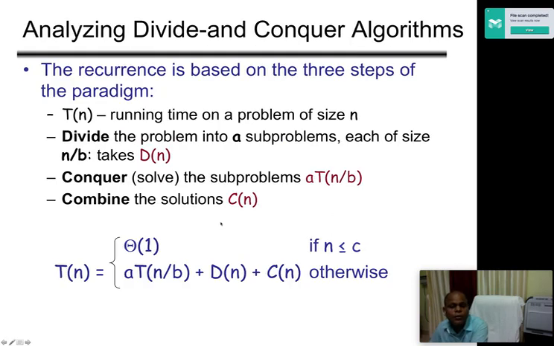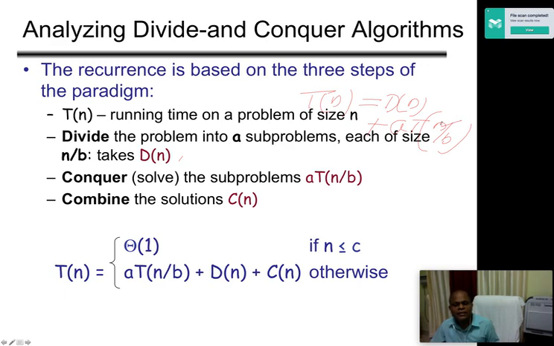Now, in general, what will be the time taken by the divide and conquer approach? Let T(n) be the time complexity of a divide and conquer algorithm. First of all, for dividing, let it take D(n) time, plus for conquer, let it be a T(n by b). Here it is partitioning or dividing.